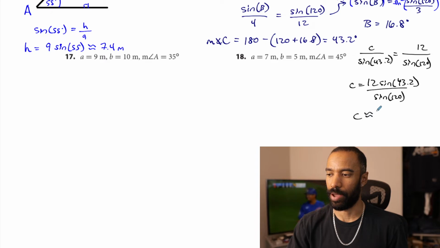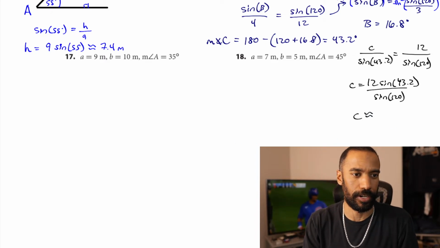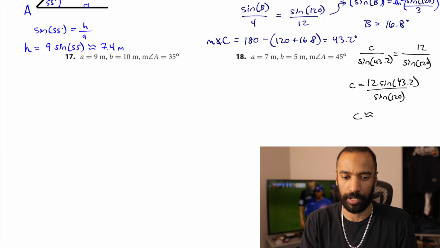Okay, let's see what that rounds to. So when I go to the calculator here, I started by doing the rounded bit there, you can see. But let's go back. Let's recall a previous answer here, this one. I'm going to add that with my 120 and subtract that from 180 to get the exact version of that answer we were talking about here. So there's the exact one, 43.22, blah, blah, blah.